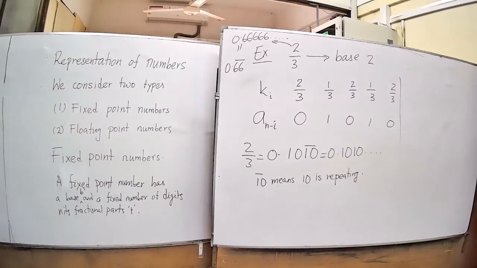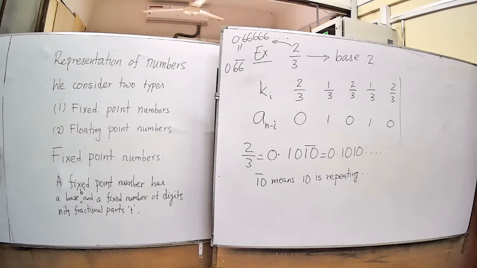So whenever we are talking about fixed point numbers, we will be focusing on two things. One is a base. So we should have a base first. It can be base 10, base 2, base 8, base 4, or any other base. So for every fixed point number, you should have a certain base. And also in fixed point numbers, you will be limited in the number of digits in the fractional part.